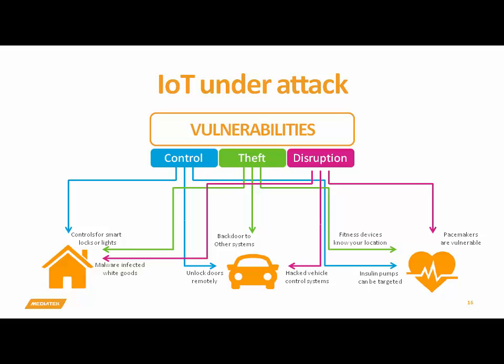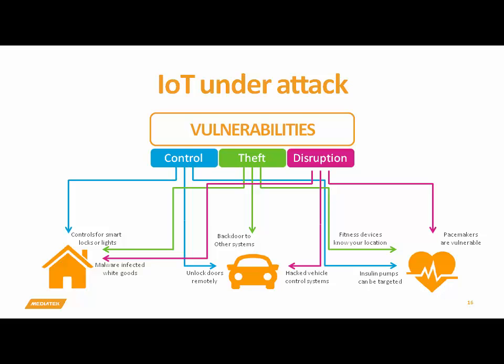There's control, where people will either try and control things like turn your lights on and off, or your locks on and off, for instance, or even hack people's embedded devices into their bodies. There's theft. People want to steal things. Equally, unlocking your door so that thieves can get in, or stealing online data, things like that. So there's that vulnerability.